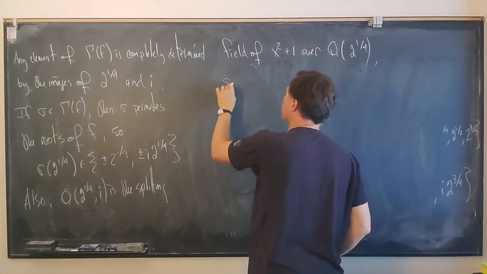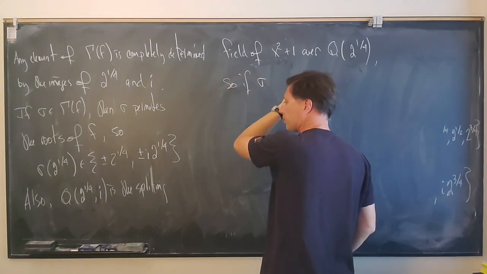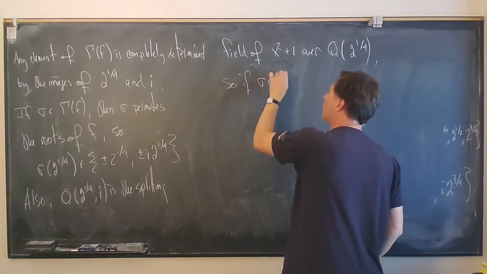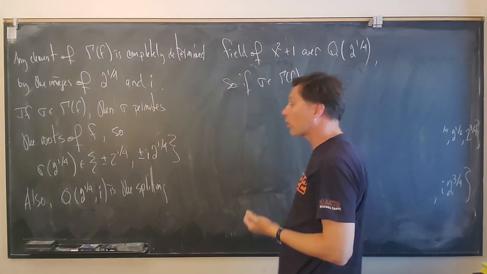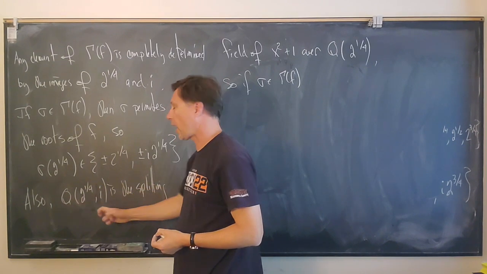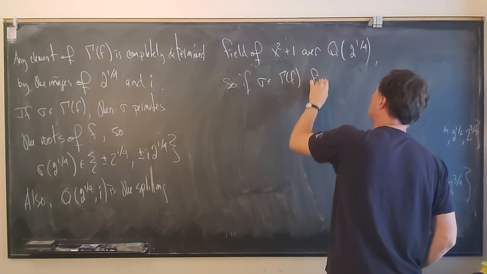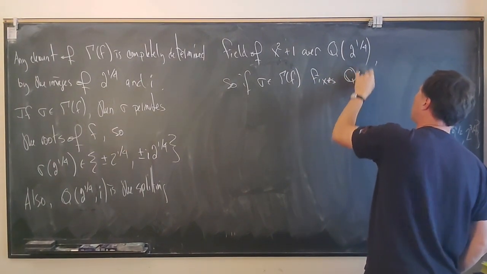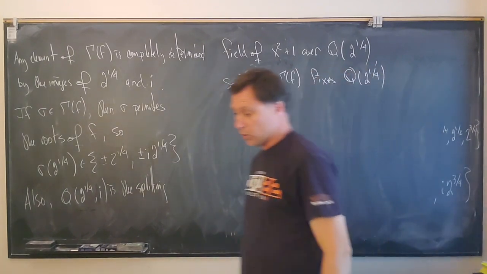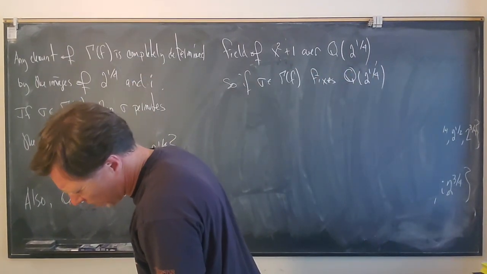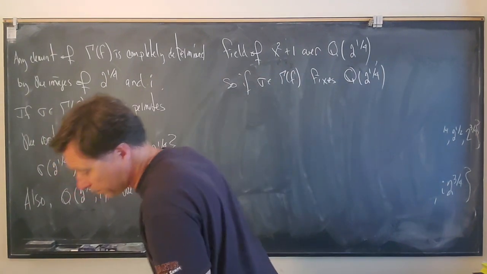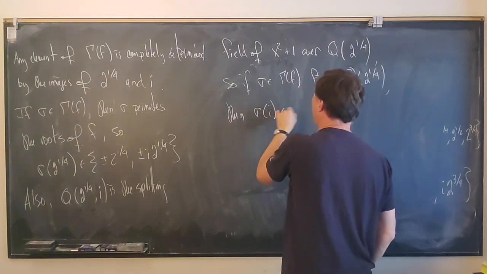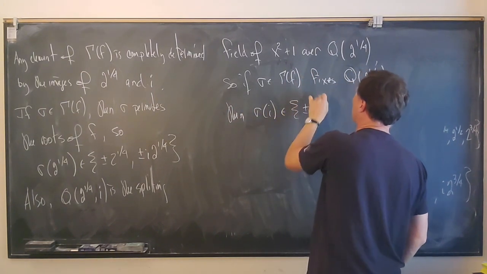So if sigma in Gamma of f, so that means it's an automorphism of Q adjoin 2 to the 1/4 and i, that fixes Q adjoin 2 to the 1/4, right, then sigma of i has to be in the set plus or minus i, right?